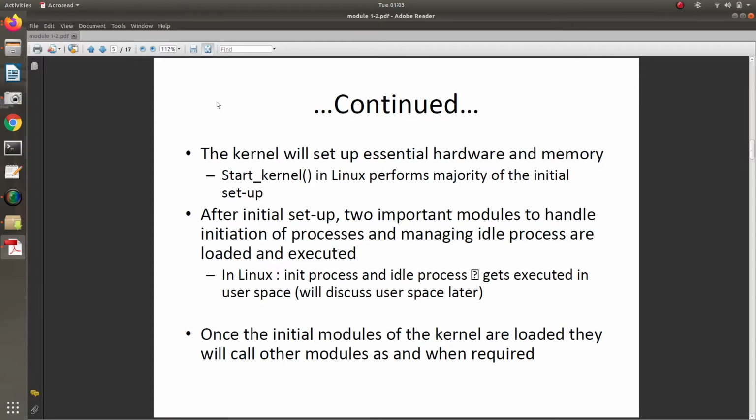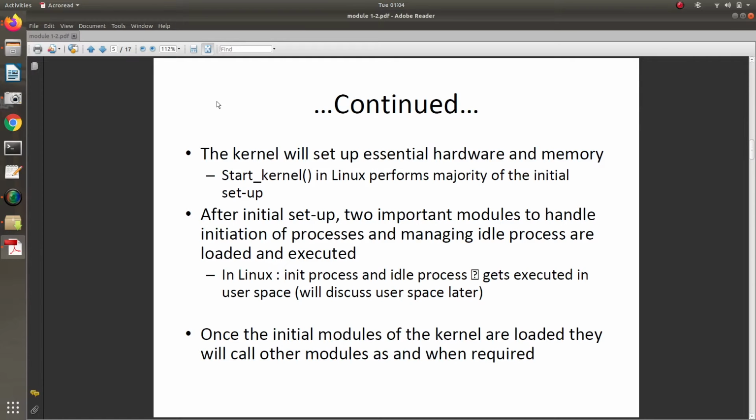Once the initial modules of the kernel are loaded, the kernel, obviously it has to get loaded in the beginning because only using that we can actually perform any access to the hardware. Okay, so that's about the kernel. Now moving on, once the initial modules of the kernel are loaded, they will call the other modules as and when required.